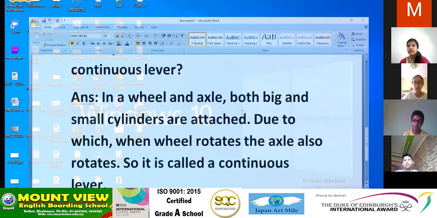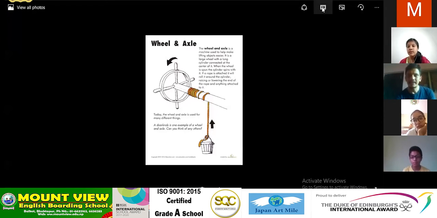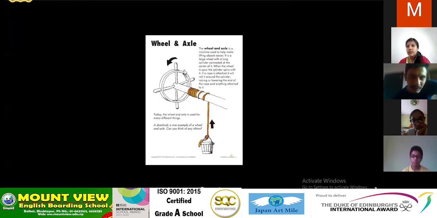Look at this figure, okay? I think you can see this figure. Can you? Okay, now the bigger one is called the wheel. This is called the big cylinder, which is called the wheel, and this is where the rope is tied. This is called the small cylinder.